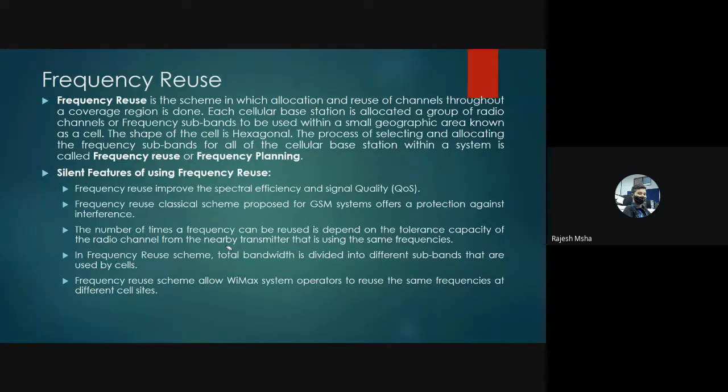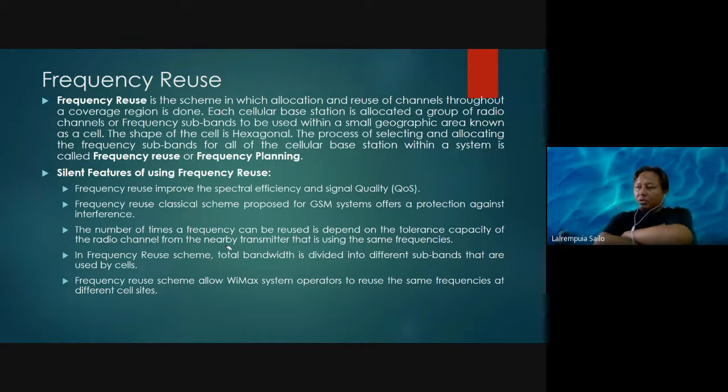Yes, sir. Okay, so in each and every cell, if we want to use a different frequency, say suppose I have 50 cells for covering an area, then we have to make 50 different frequencies.